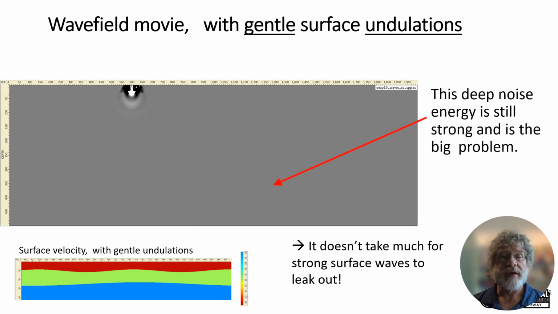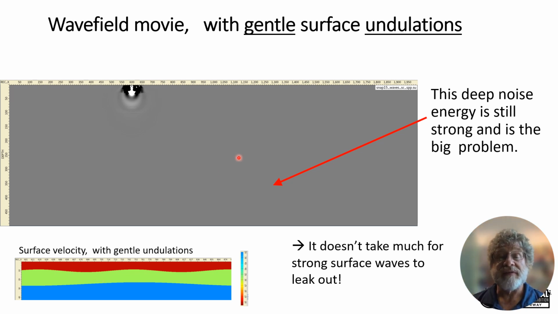It's not only heterogeneities that can cause this scattering. Here in the bottom, you can see a surface velocity model with gentle undulations. This is only the top 30 meters or so, and these undulations are actually very realistic.